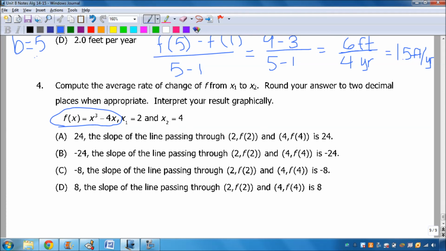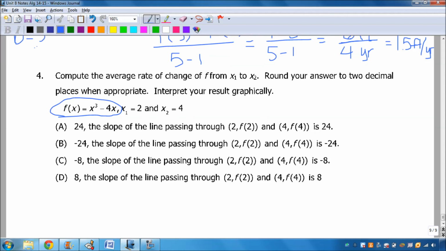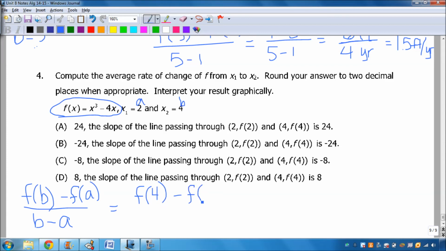So if you take a look at this, I have to use the formula, which is f of b minus f of a over b minus a. That means my a value is 2 and my b value is 4. So I have to figure out what f of 4 is, and then subtract f of 2, and then divide it by 4 minus 2. So what is f of 4?